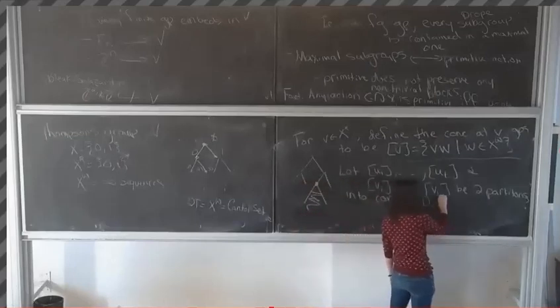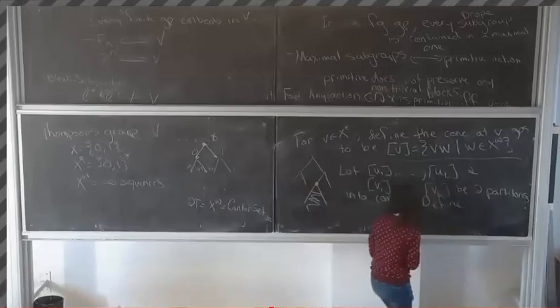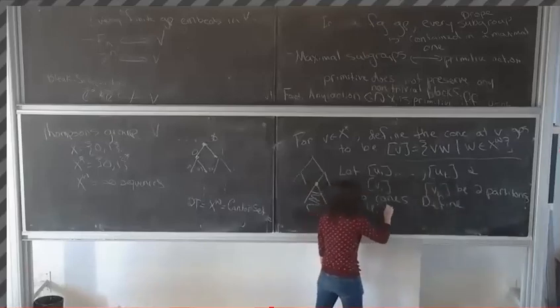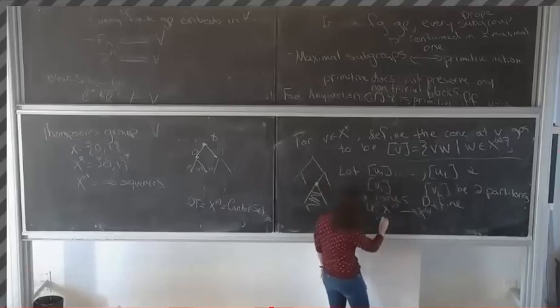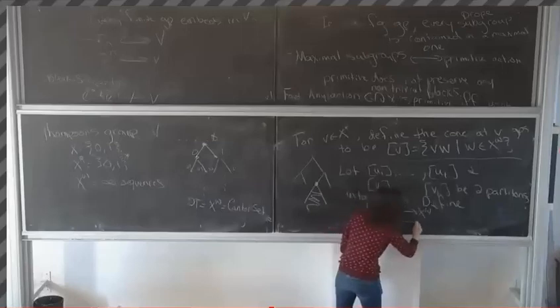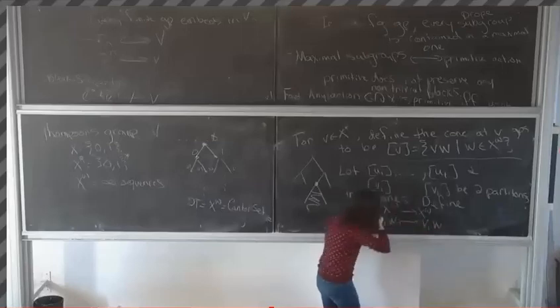Then we can define a map psi from X omega to X omega, which takes anything that begins with ui and maps it to vi w.